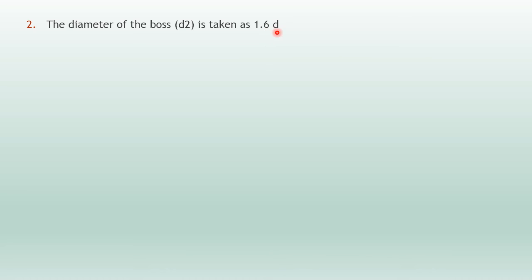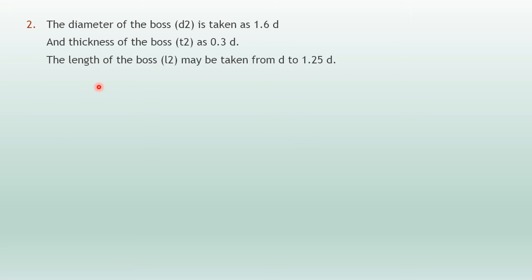In the previous step we already calculated the value of d. Then we have another empirical relation, that is the thickness of the boss t2 as 0.3 d. So thickness of the boss is equal to 0.3 d.